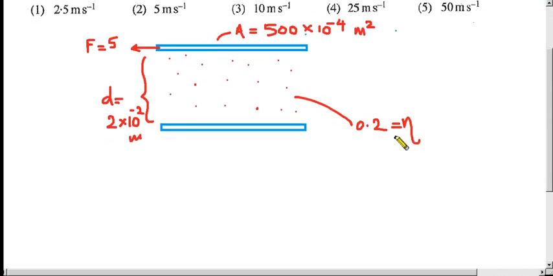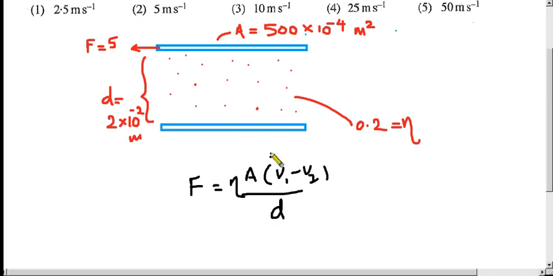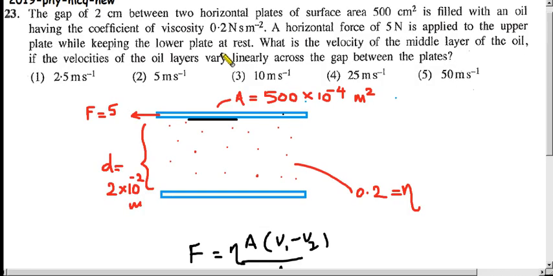That is F equals eta A (V1 minus V2) divided by D. So the V1 here is the velocity of the layer that is in contact with the upper plate.